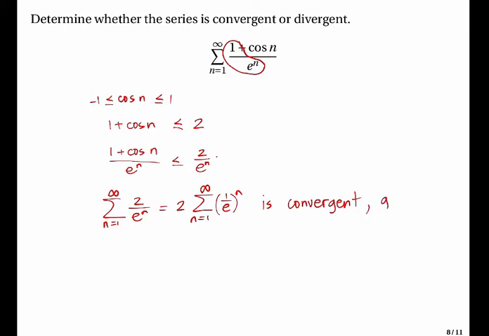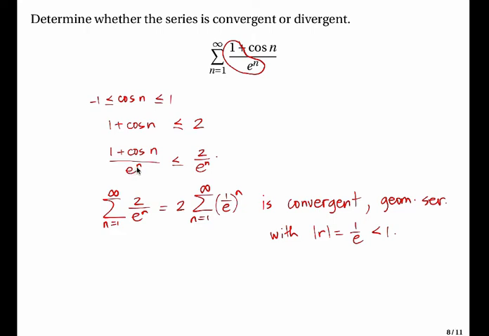Okay, so this is a geometric series with absolute value of r equal to 1 over e, and this is less than 1. Okay? So, if something bigger is convergent, then that smaller guy will also be convergent.